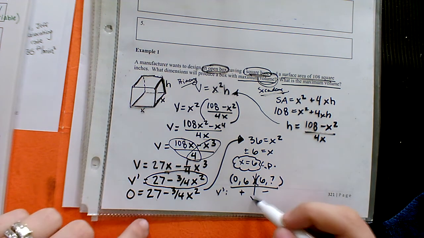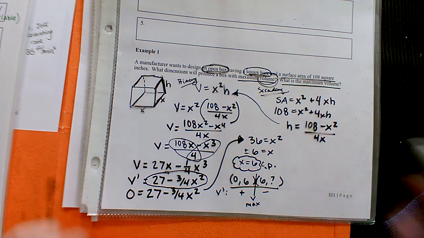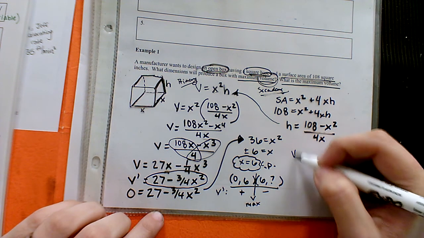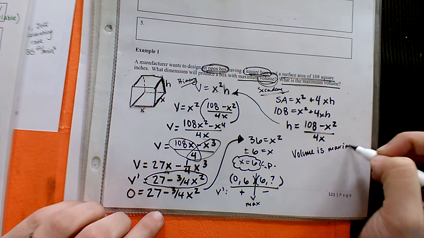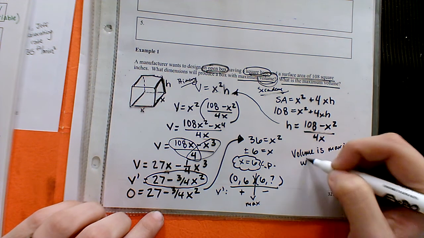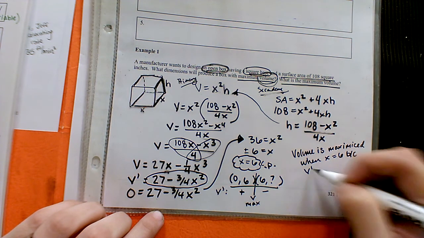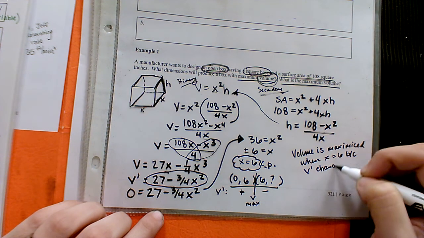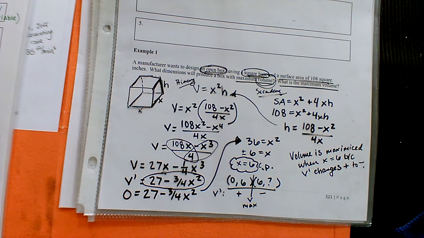So based off of our sign chart, we've confirmed that we have a max at 6. So we'll go ahead and say volume is maximized when x equals 6 because the derivative changes positive to negative.